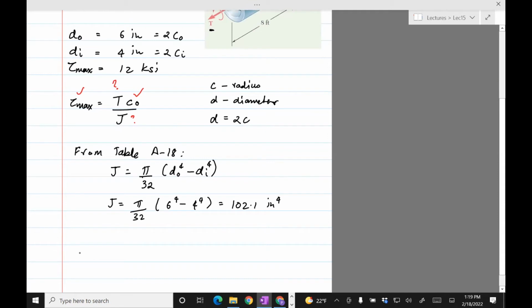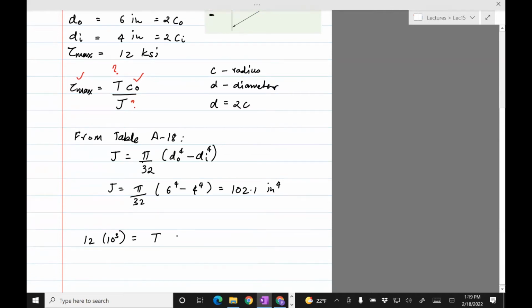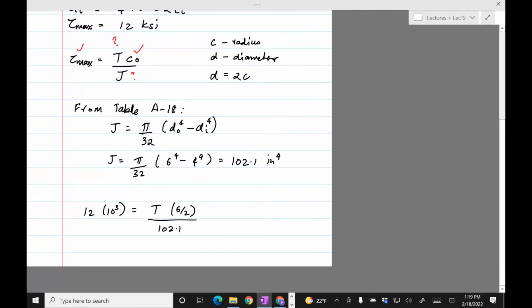And so tau max is 12 ksi, so 12 times 10 raised to 3 equals T times C0, which is half of 6, so 6 divided by 2, over J, which is 102.1. So when you do this, I would just get the answer in kip inch.